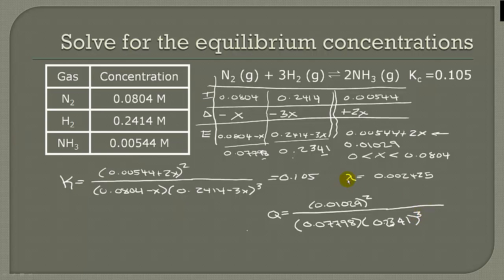So when I do that, what I end up finding is that the Q that I calculate is 0.1058, or rounding, 0.106. Within the significant figures on this problem, that's close enough to KC to say that we probably did our calculations correctly, and that the concentrations at equilibrium are these values that we calculated up here.